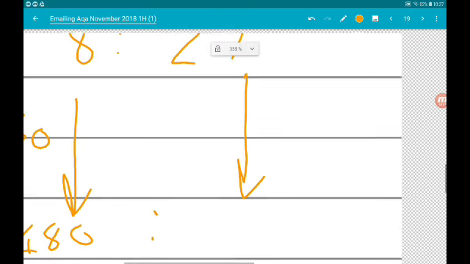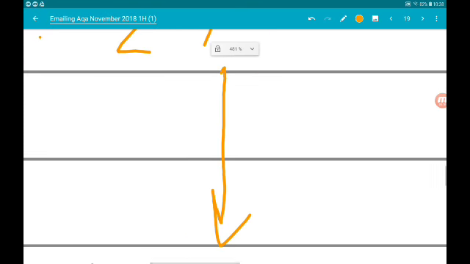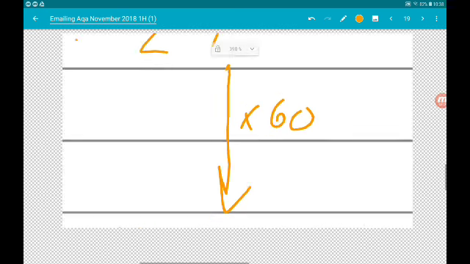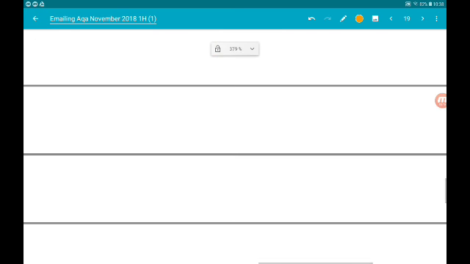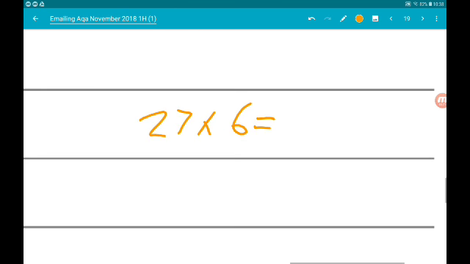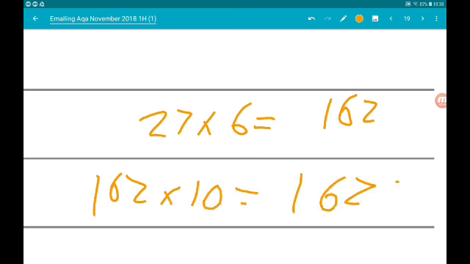Now the bad news is we also have to do that then to 27. So, for this I would go 27 times 6 is, well, 6 times 20 is 120, 6 times 7 is 42, so 6 times 27 is 162. And then multiply that by 10. So 162 times 10 is 1620.